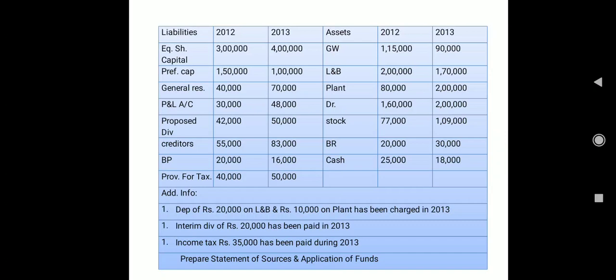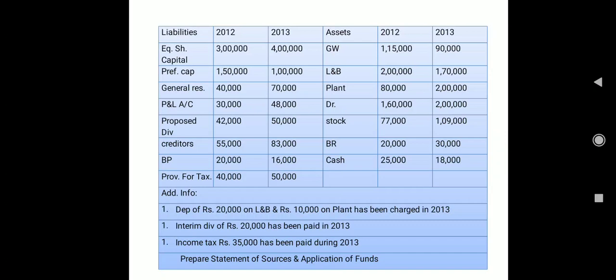Now, till now I believe you know very well, when you are trying to prepare a fund flow statement by the indirect method, we need to specify some small things.